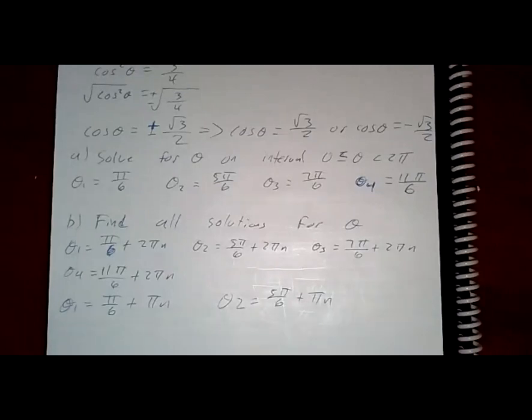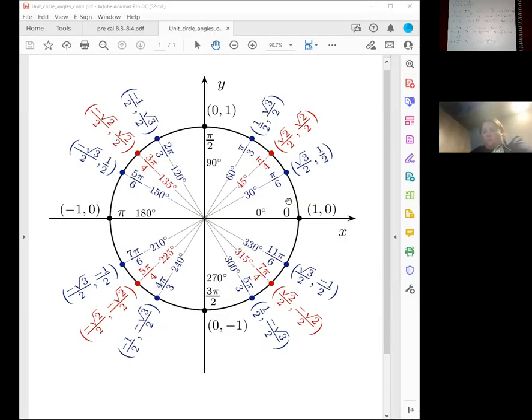Yeah. I mean, it all comes from looking at the circle here. So you agree that if we find all four, all you have to do is add 2 pi and 2 pi, right? To get the same one over and over again forever. Yes. But if I add pi, do you see how I'll land on the other location, which is the other solution, 7 pi over 6? I mean, yeah, from here to here is 180 degrees, right?